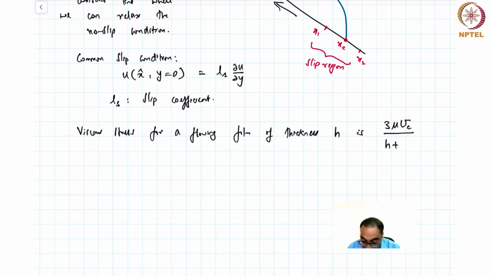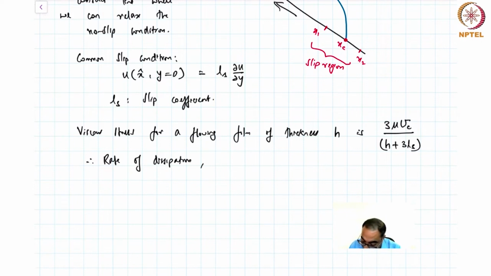Now we have slip there, so if you solve the same problem with slip, you get h plus 3 ls. Which means that when h goes to 0, the denominator does not go to 0, and this allows me to calculate the rate of dissipation.